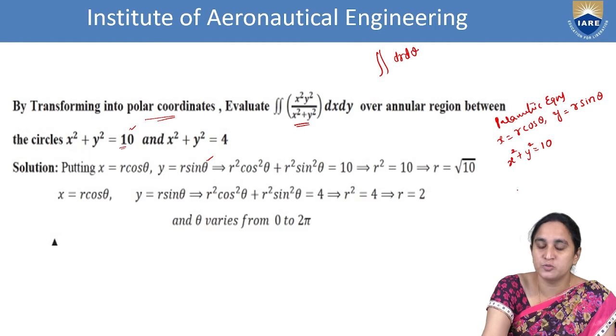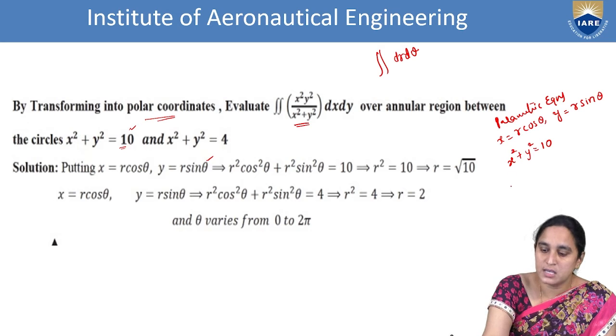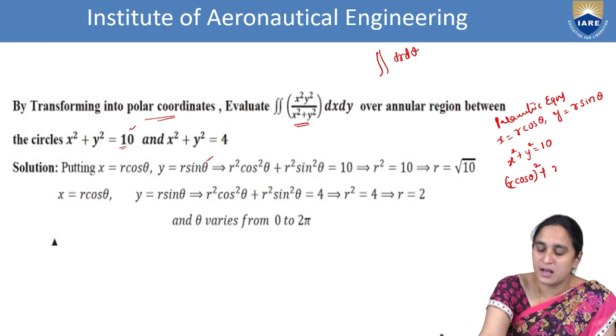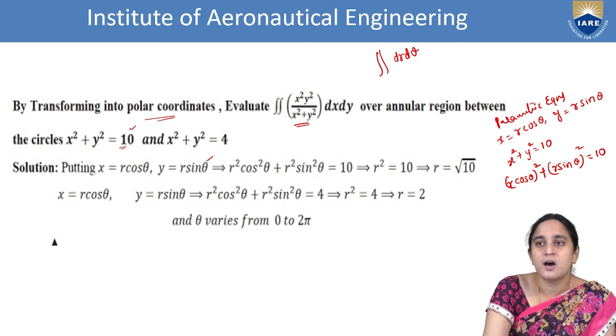Here x is r cos theta whole square plus y is r sin theta whole square is equal to 10.